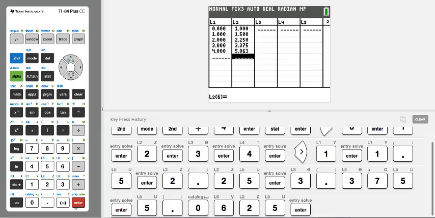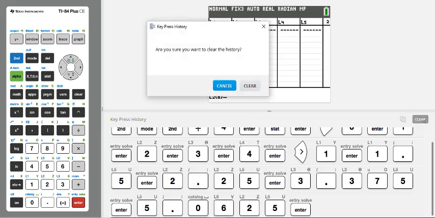Alright, so make sure all of your numbers are correct. The last one, 5.0625, rounded up, they'll put in 5.063.